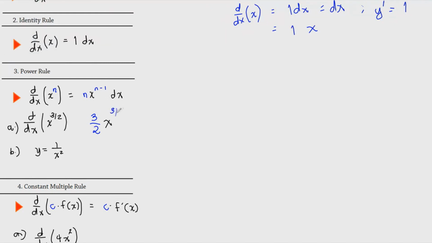So I'll be getting 3/2 minus 1, which is equal to 1/2. So our answer simplifies to 3/2 x raised to 1/2.